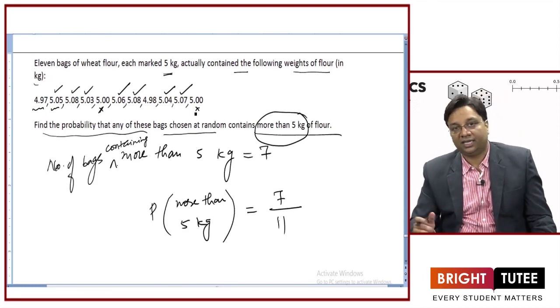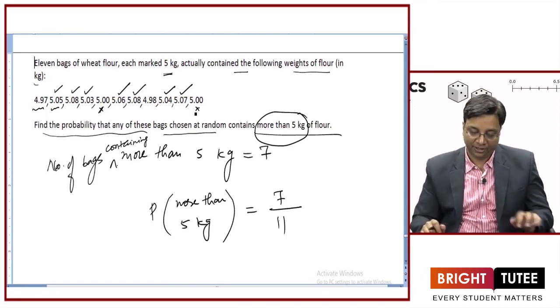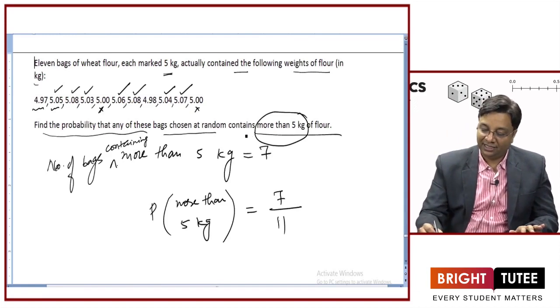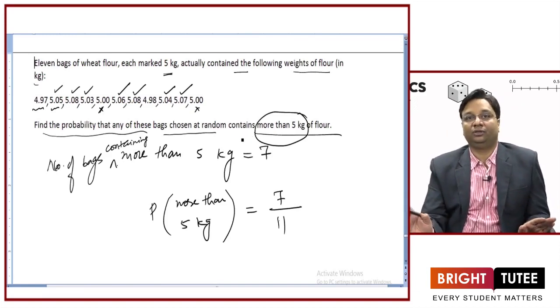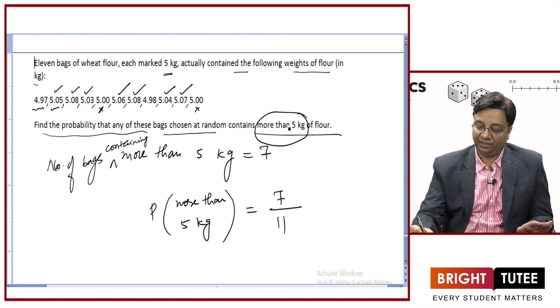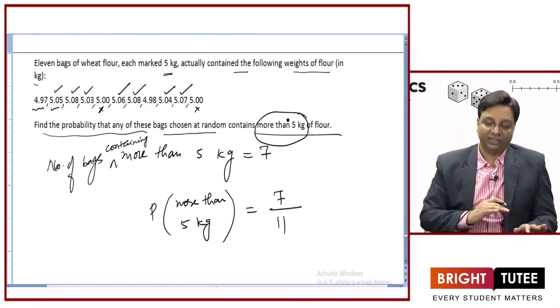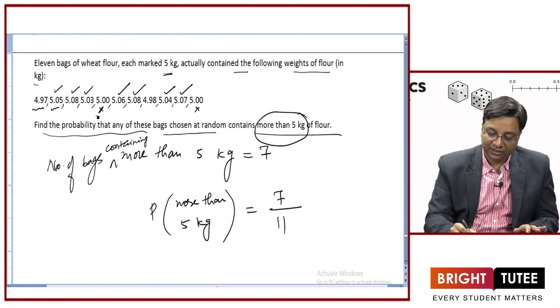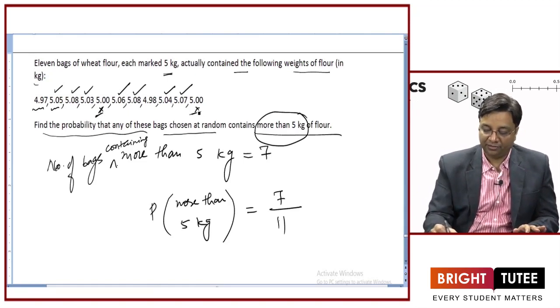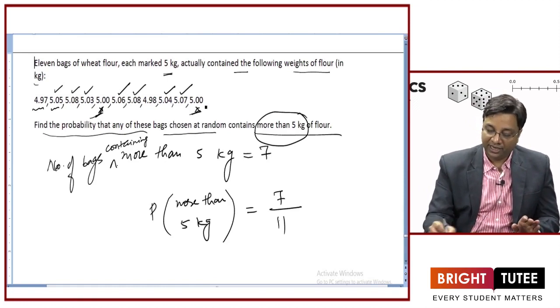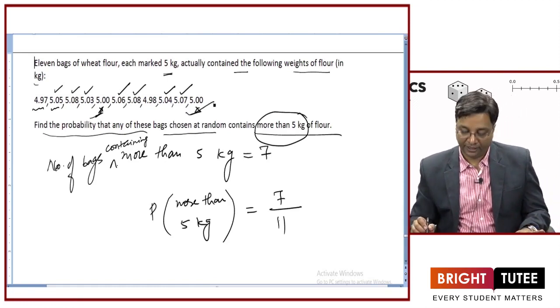Otherwise, you will arrive at a wrong answer. If the question was more than or equal to 5 kg, then the answer would have been different. We would have counted this bag and this bag also.